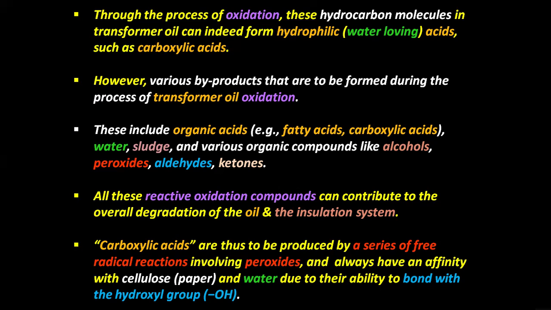Carboxylic acids are produced by a series of free radical reactions involving peroxides and always have an affinity with cellulosic paper and water due to their ability to bond with the hydroxyl group, OH group.